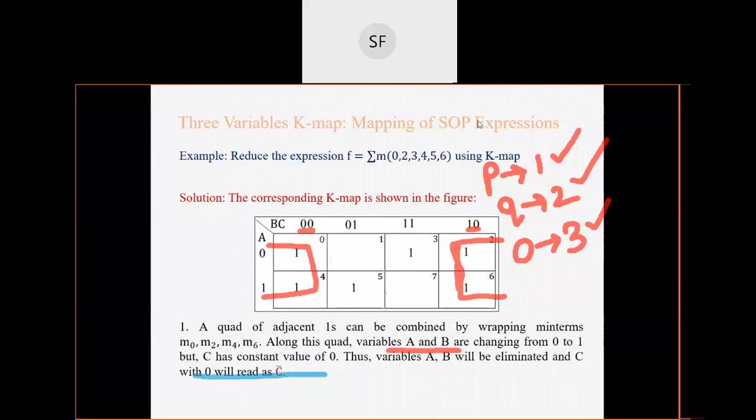Okay, you will get C bar. So is it fine? Have you understood this point?